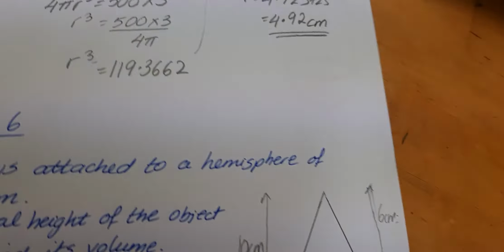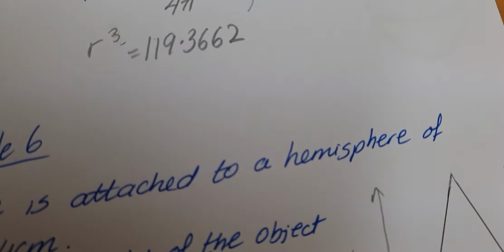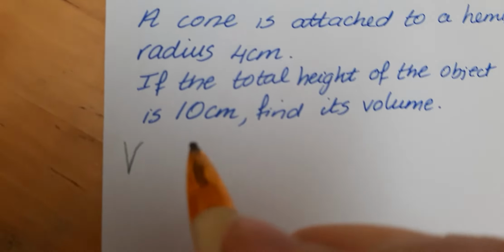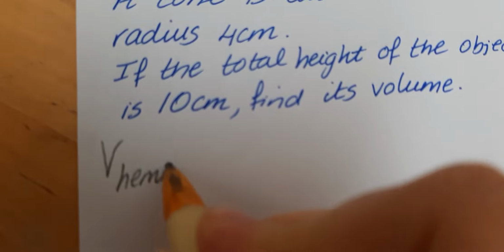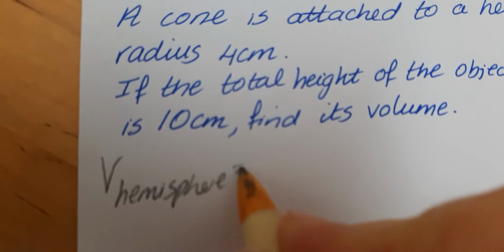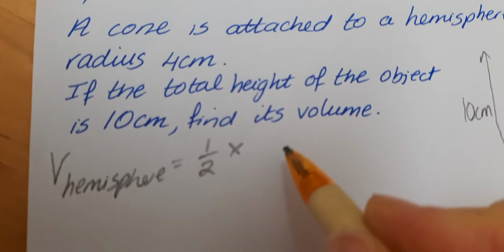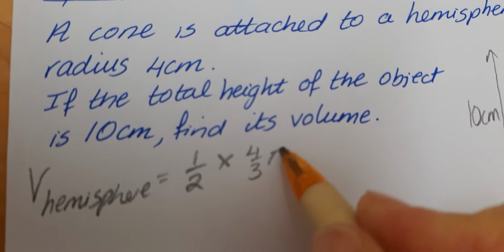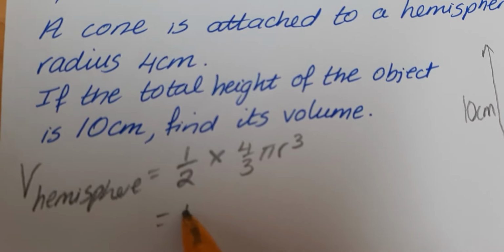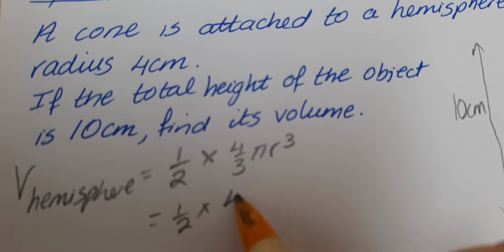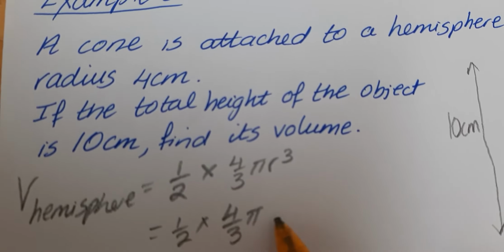So we'll start off with the hemisphere. The volume of the hemisphere is half the volume of the full sphere. So it's half times 4 over 3 pi r cubed. Then I just plug in that radius, which I know is 4.